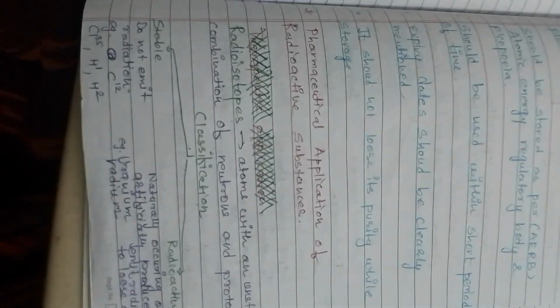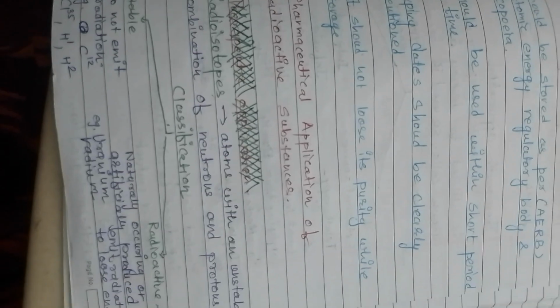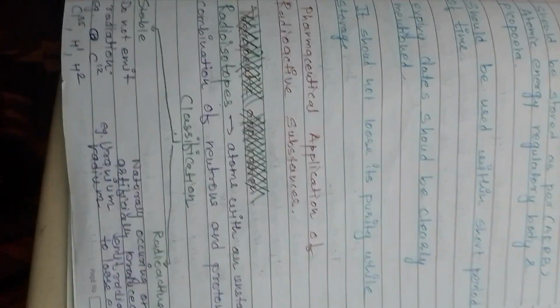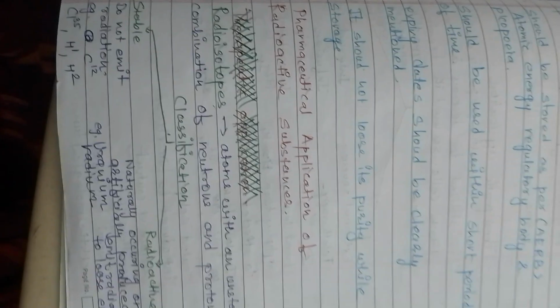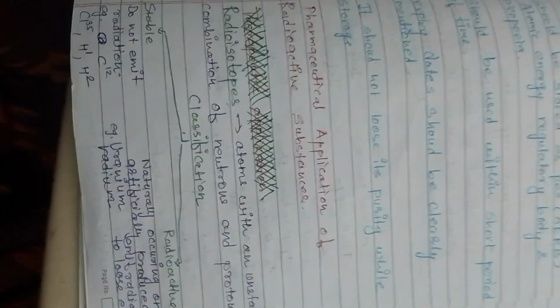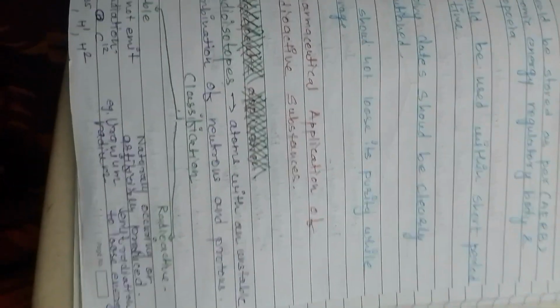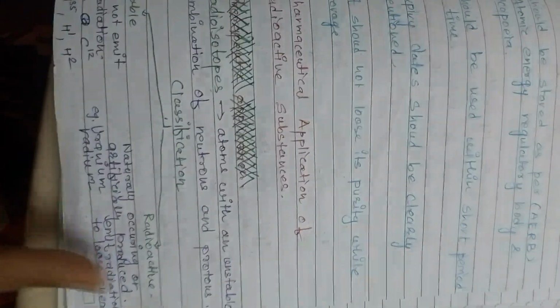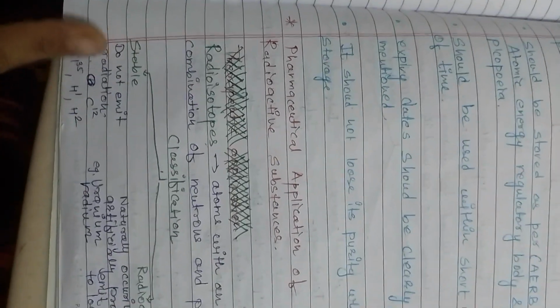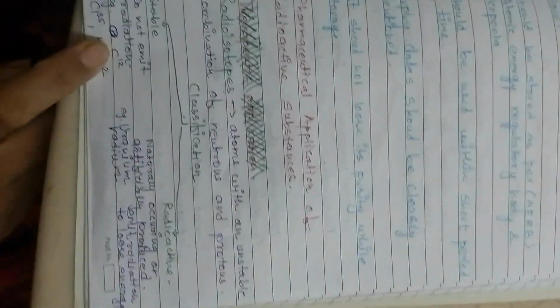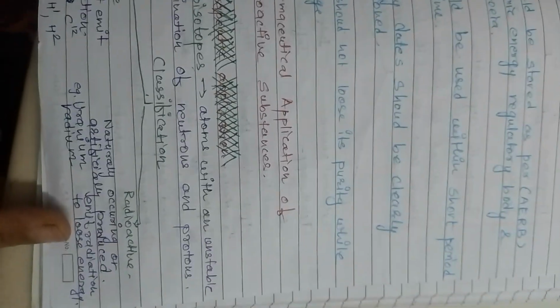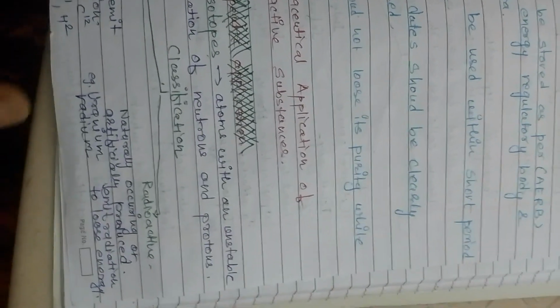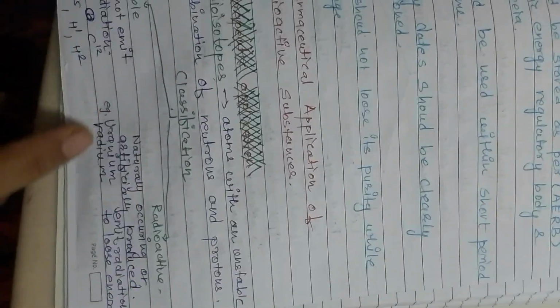Now, this is a very important question, the application of radioactive substances. You already know what radioactive substances are. Now, radioisotopes are atoms with an unstable combination of neutrons and protons. Now, classification: stable as well as radioactive. A stable isotope will not emit any radiation, and a radioactive or unstable isotope will emit radiation, like uranium and radium.